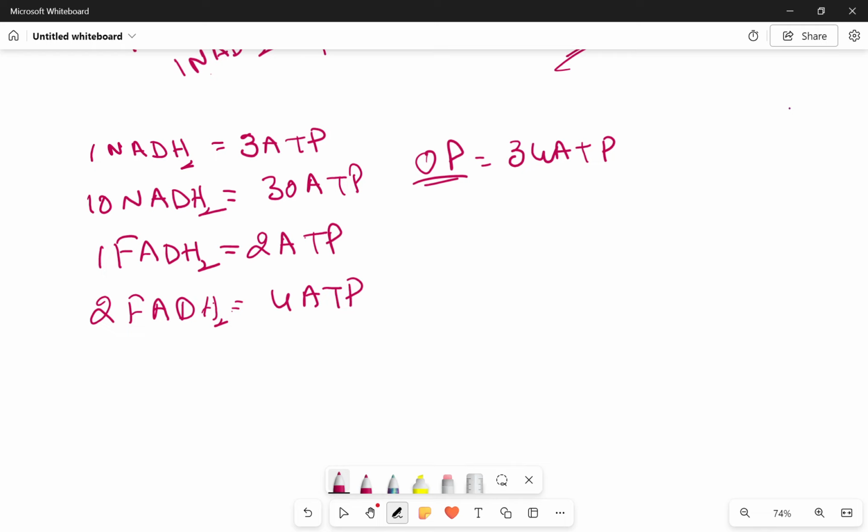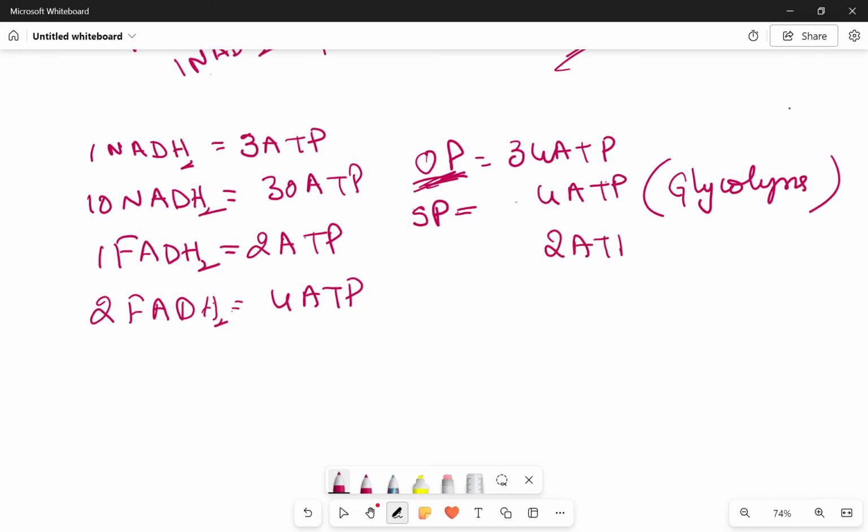And SP, in glycolysis, how many substrate level phosphorylations occurred? 2. So this is OP. And SP: 4 ATP through glycolysis and 2 ATP in the Krebs cycle.